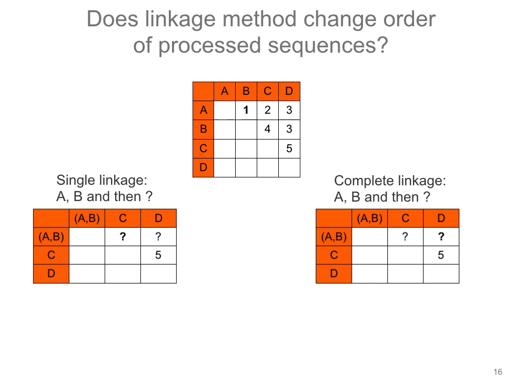Now on the other hand, complete linkage is taking the maximum. So the maximum of A and B to C, the maximum out of 2 and 4, is 4. And the maximum out of 3 and 3 for AB's comparison to D remains 3, as is the minimum.